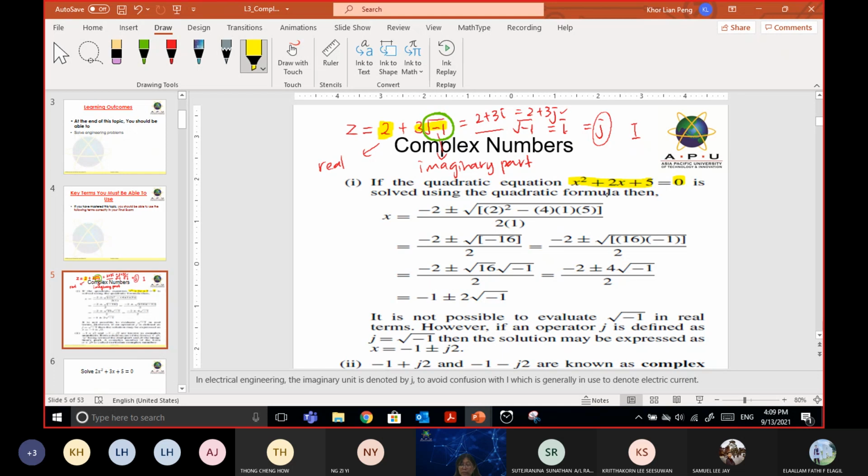So normally we're using factorization, but if we can't factorize, then we are going to use the quadratic formula.